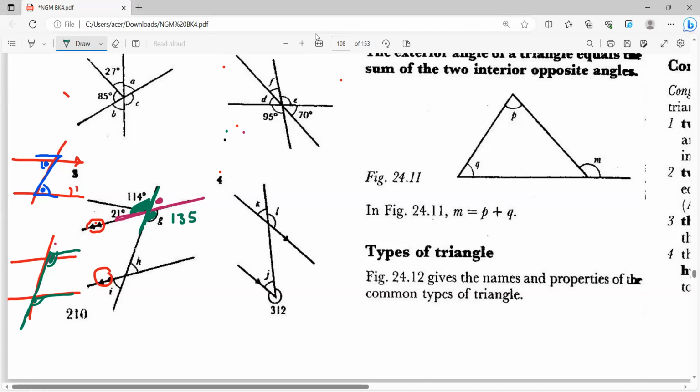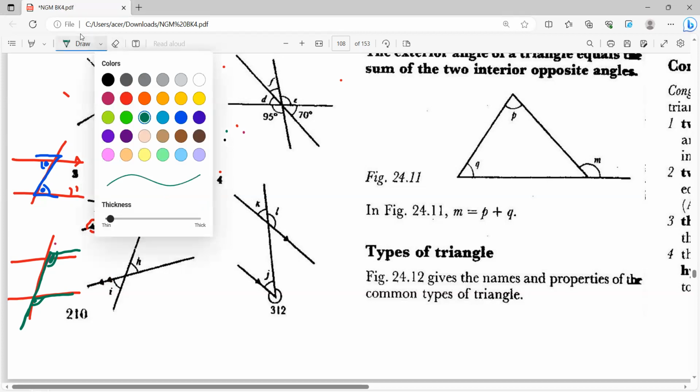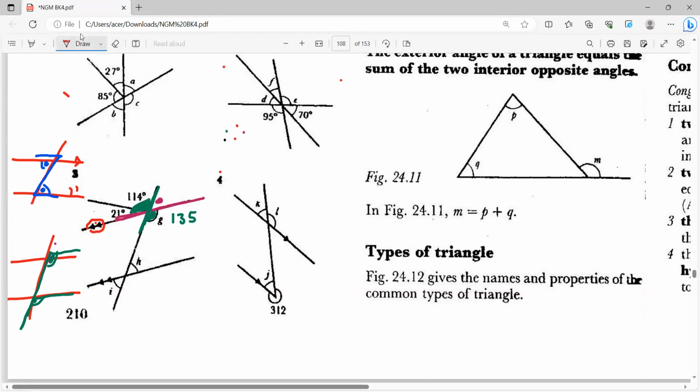Okay, that's fine. Now, how can we find H? Since I want to limit you to just these 2 laws, we can find H in this way. I don't want you to use co-interior angles for now. We can implement our corresponding angles. Can you see that G is actually corresponding?